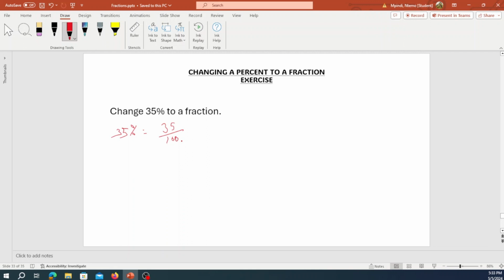If we wanna reduce the fraction, we're gonna divide by whatever number. So 35 over 100.